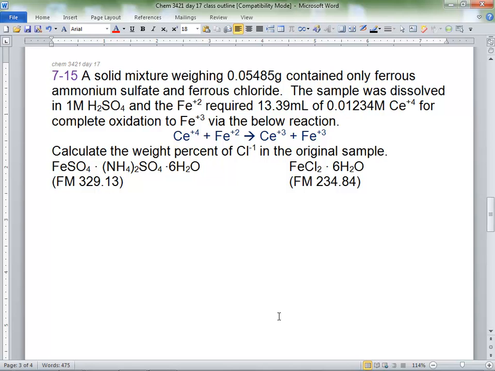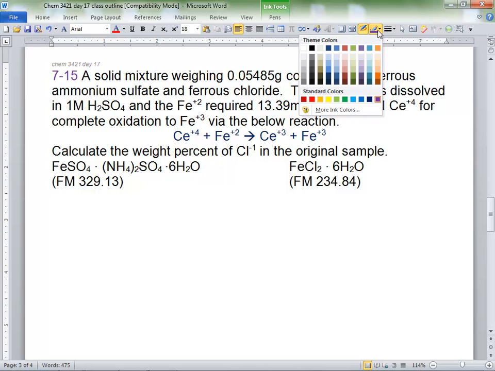The sample was dissolved in 1 molar sulfuric acid, and the iron required to... Okay. This is a good one.